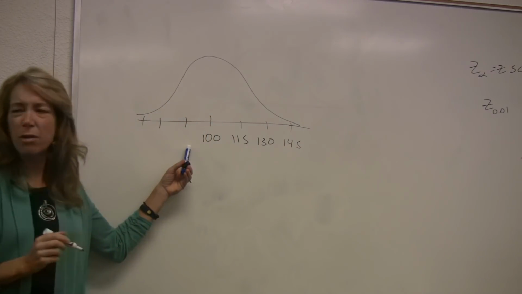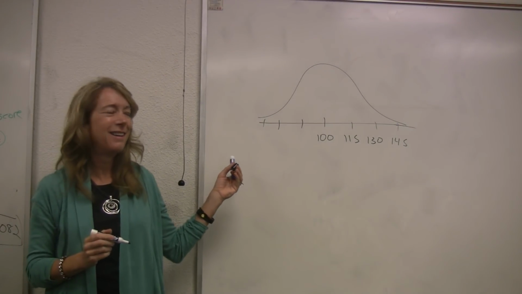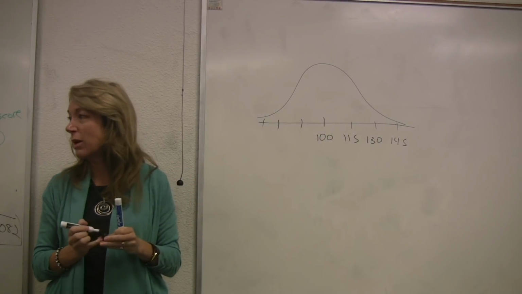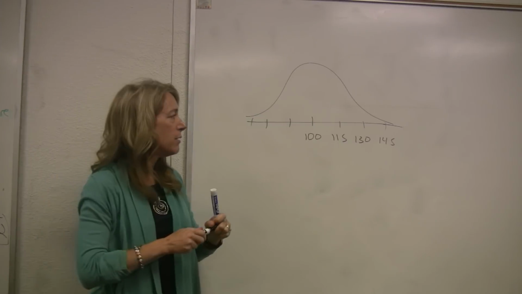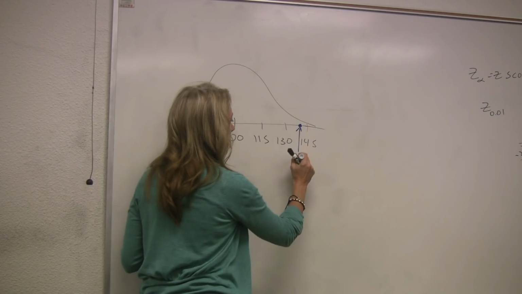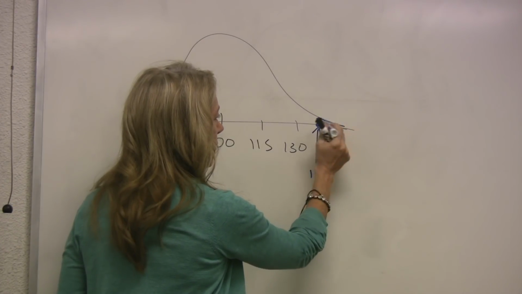I'm not even going to label over here, because you're looking above 140, so it doesn't really matter what's going on over here. I'm looking for where 140 is. 140 is way over here, and I want above 140, so higher than 140 is this way.